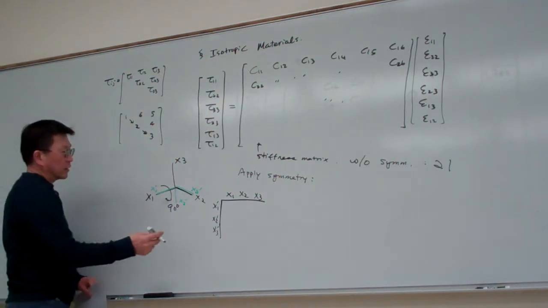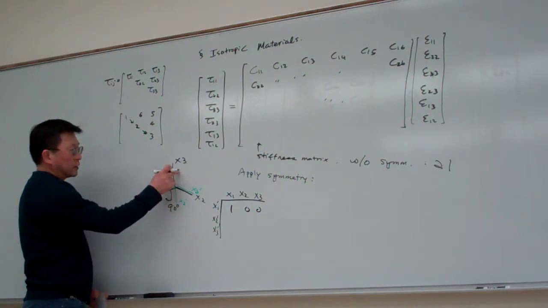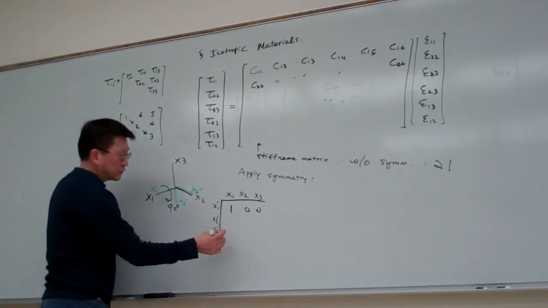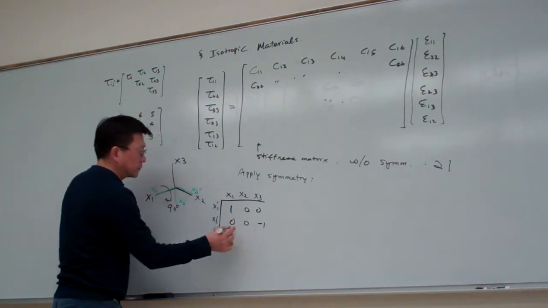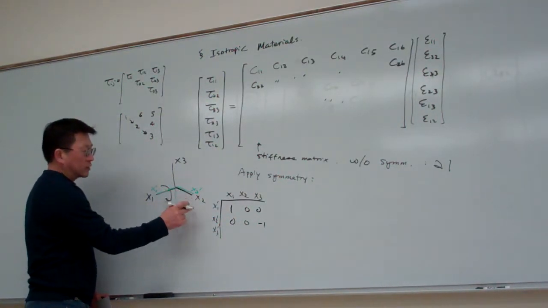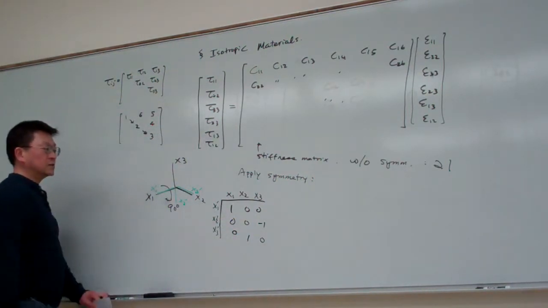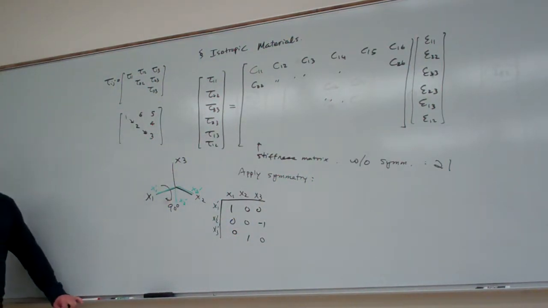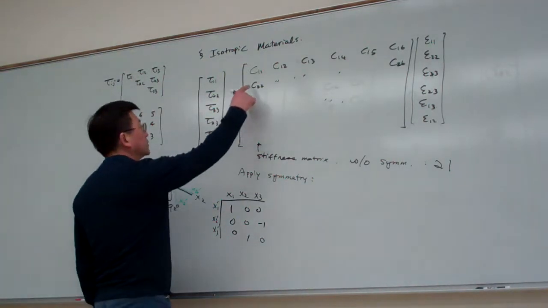Using this, you can see this will be 1, 0, 0. And x2 prime right now refers to minus x3. Then x3 prime equals x2. So these are such transformation tables applied to our indices.